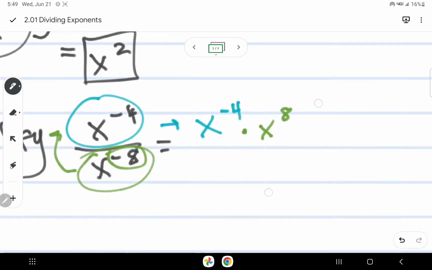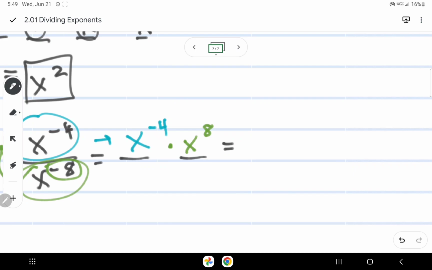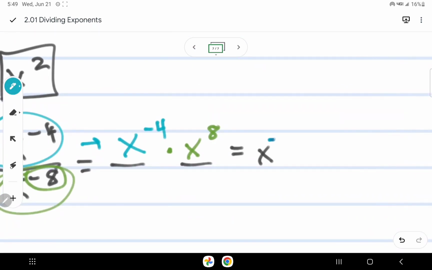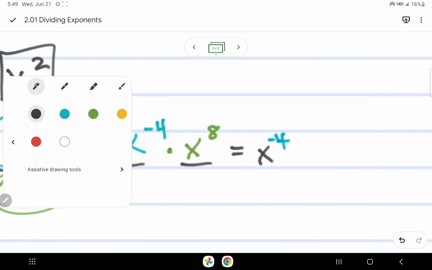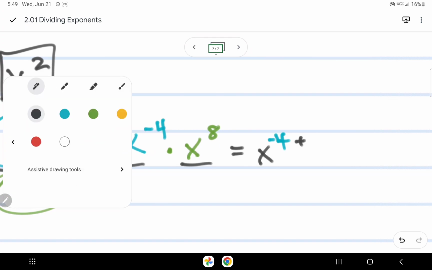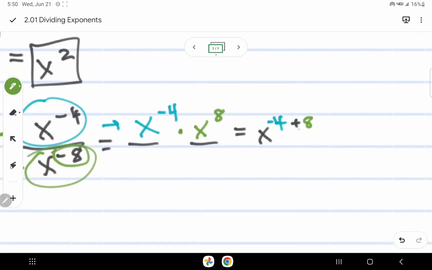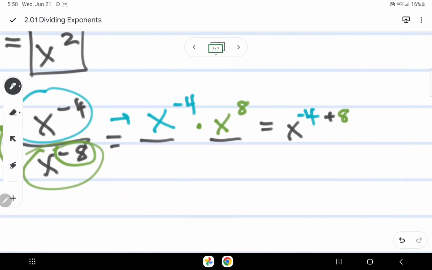Now, these two have the same base, so we can combine them. The base is x, the base is x, so we'll just need to write it once. And the exponents are being multiplied, so negative 4, plus the exponent of the second base, which is 8. Now, negative 4 plus 8, that is just 8 minus 4, or 4.